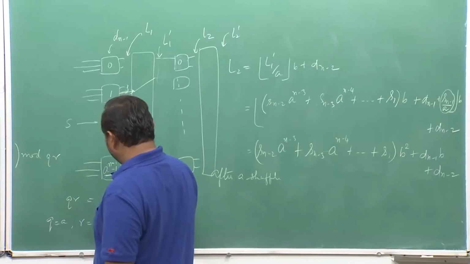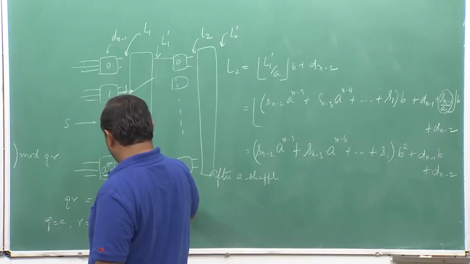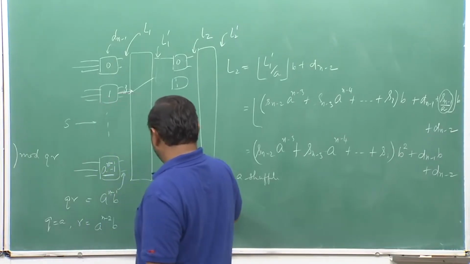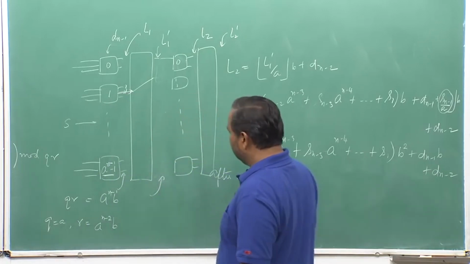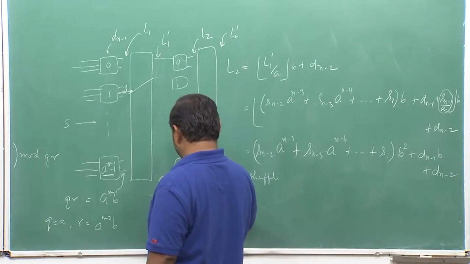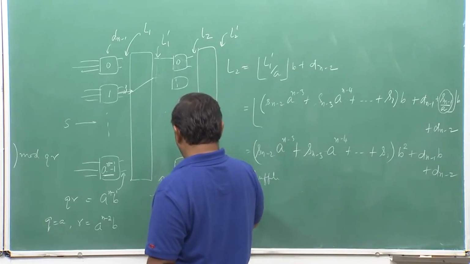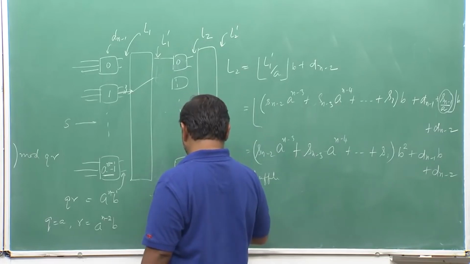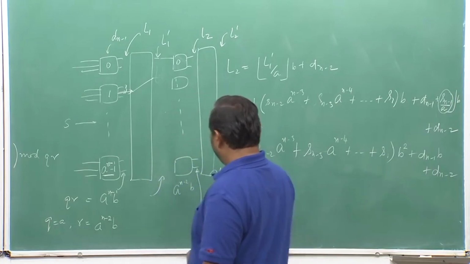You have A raised power n minus 1 into B number of elements here, same was present here. So, the number of switches which was there, A raised power n minus 2 into B. So, number of lines which are going to be here is A raised power n minus 2 into B square. Okay.